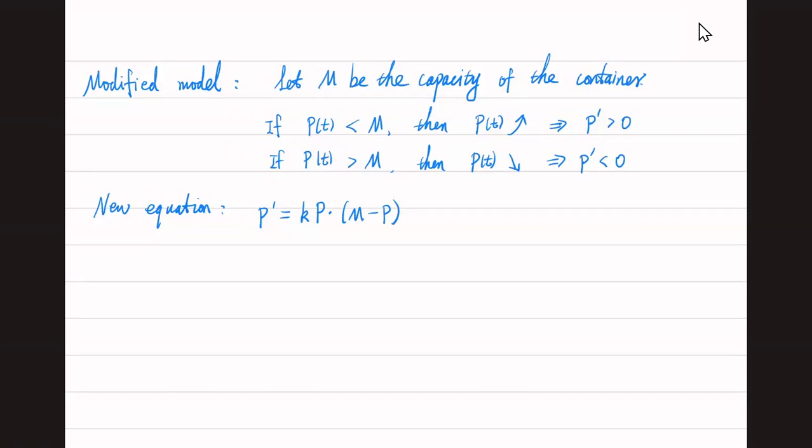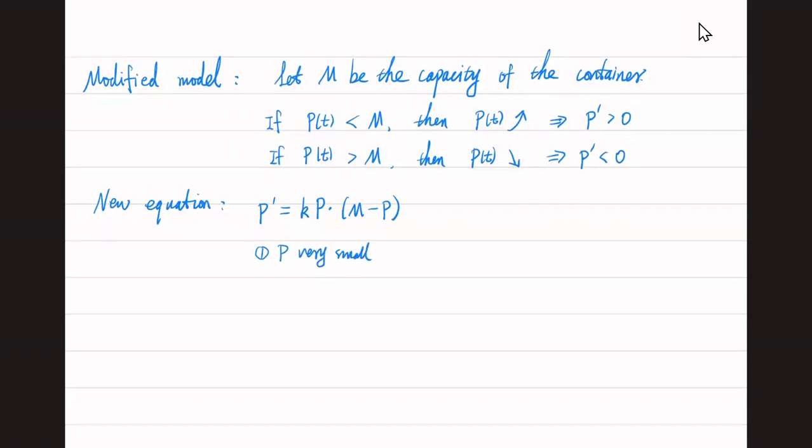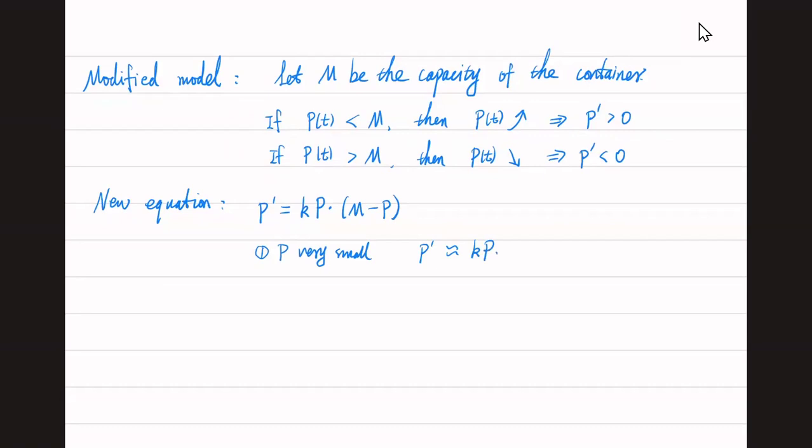If P is small, if P is very small, the derivative is approximately kPM. So it will increase. It's similar to what we had before.